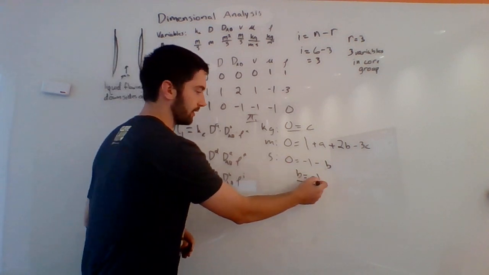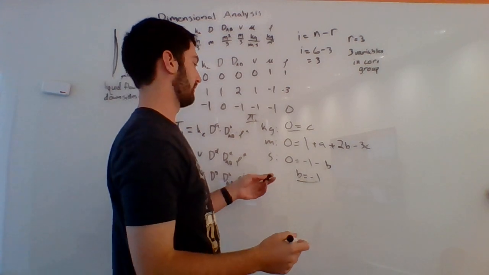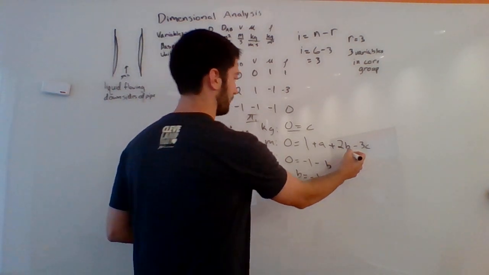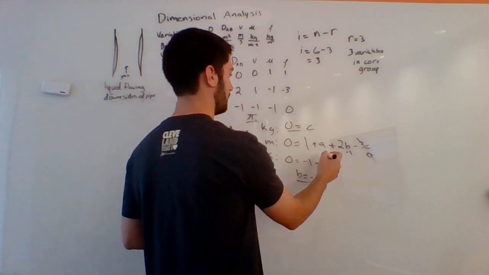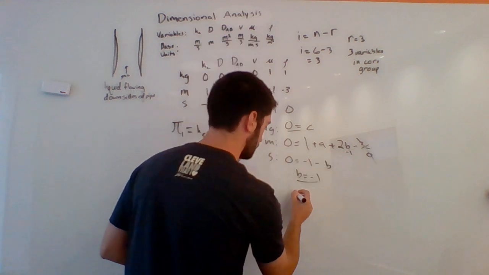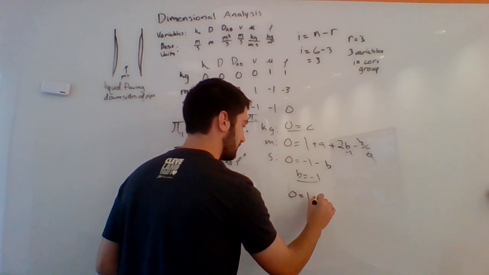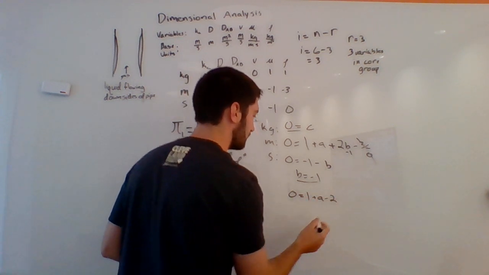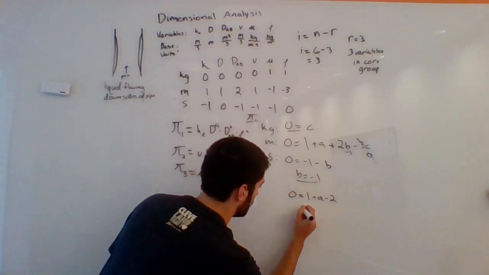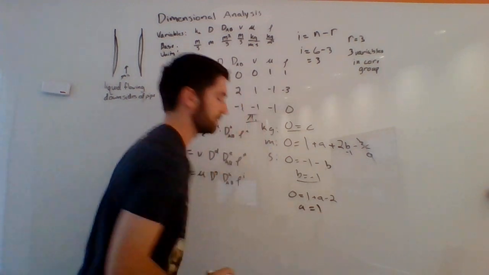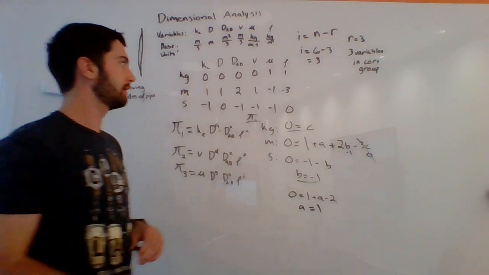Now we have C, we have B, and if we plug these into this middle equation, we can get A. So if you take a look at this, I have negative 1 for B, 0 for C, so we have 0 is equal to 1 plus A minus 2. So now if we solve for A, we're going to get A is equal to 1. And now we have our exponents for pi 1.